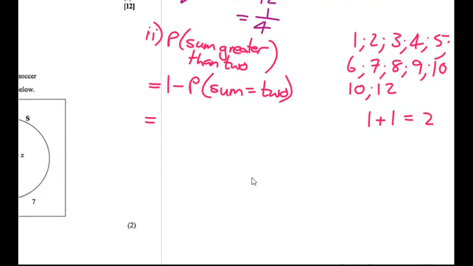If you were to draw a little table for yourself so that you can consider all of the options, you would have a row for the first spin, and then along the column you would have the possible options for the second spin, and you will have 144 possible outcomes.